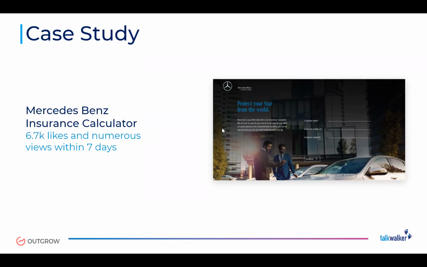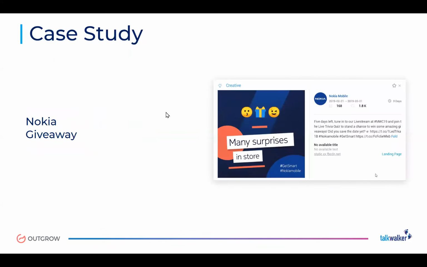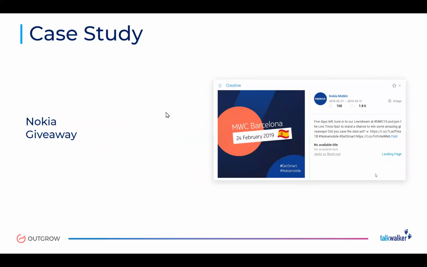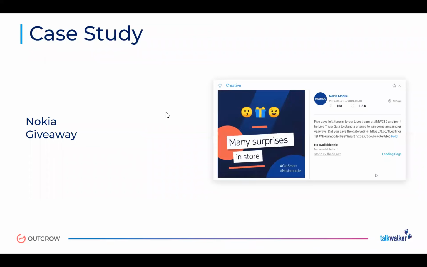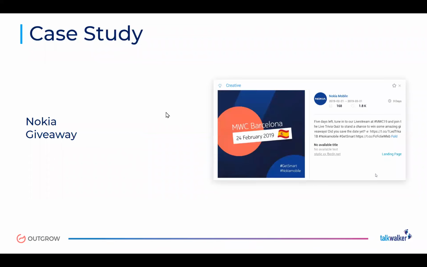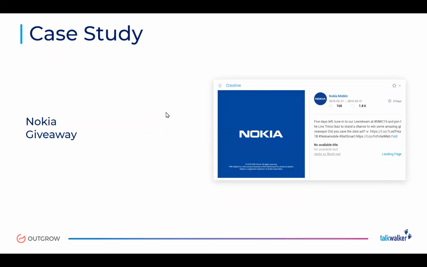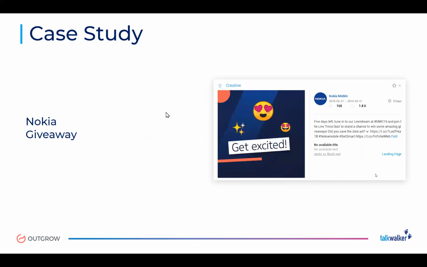So they turned this calculator into an ad, and they ended up garnering 6.7K likes and numerous views and uses of this calculator within 7 days of going live. And that is something that we consider pretty impressive. But then, of course, the engagement factor of interactive content plays a big role here.